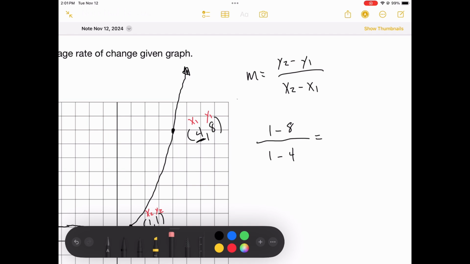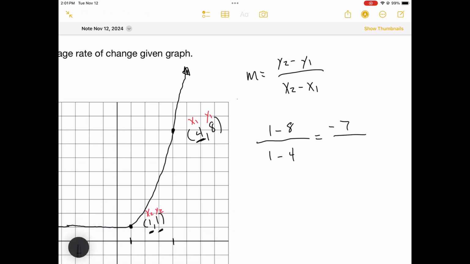So 1 and 8, yes, and then I got 1 and 4. Oh, that's right. The ones just kind of confused me there. I had a lot of ones. So I got 1 minus 8, which is -7. And then I'm going to have a negative here as well, which is going to be -3.